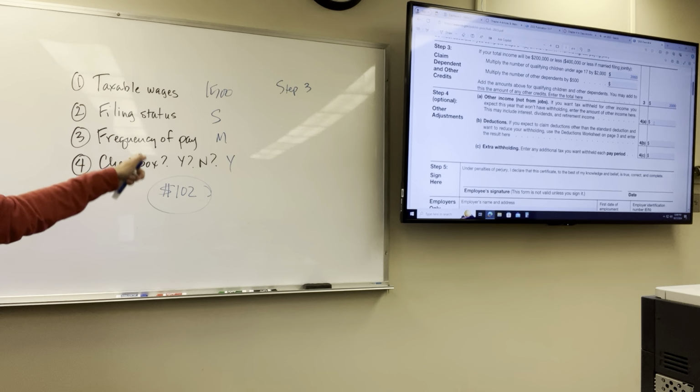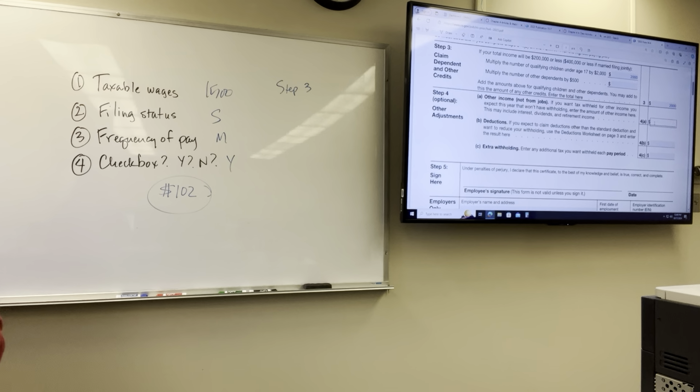That other calculation that I did means that they had other income not from jobs. They had entered $1,200 here for that interest income. So now we go over here. Enter the amount from step 3 of the employee's form W-4. So in 3A, we're going to enter $2,000 on this form.